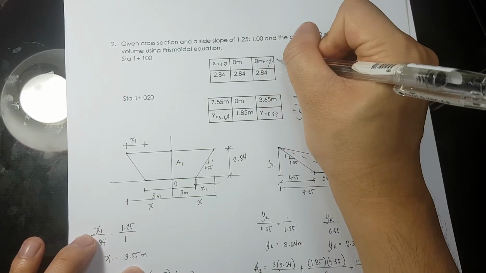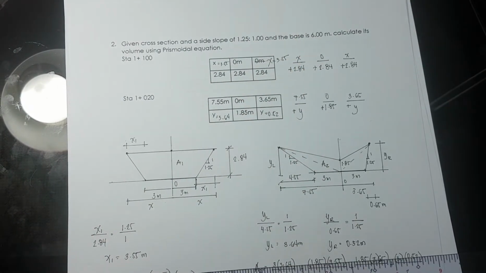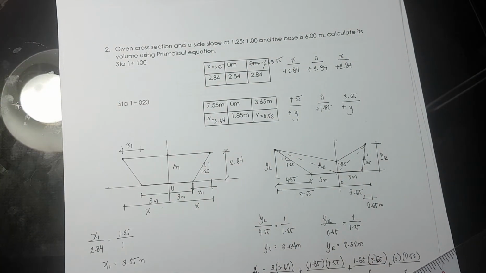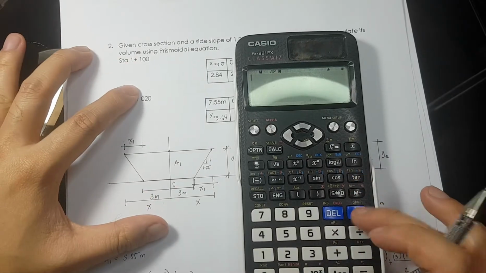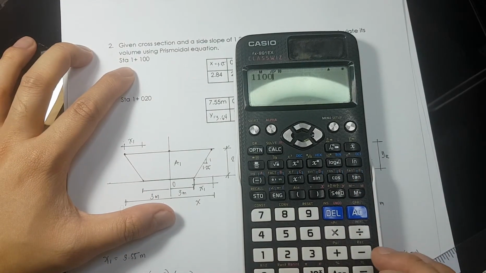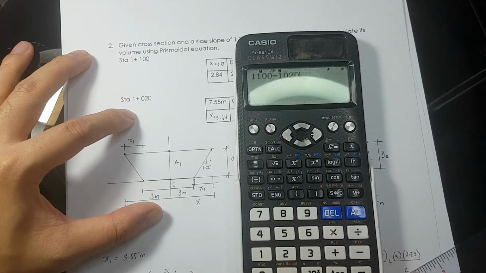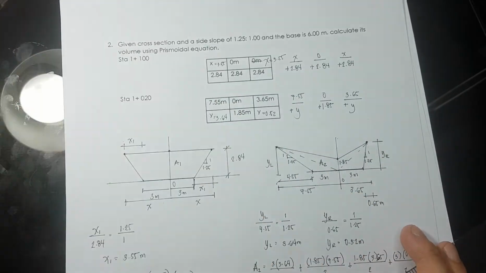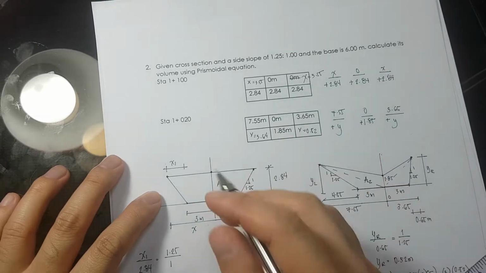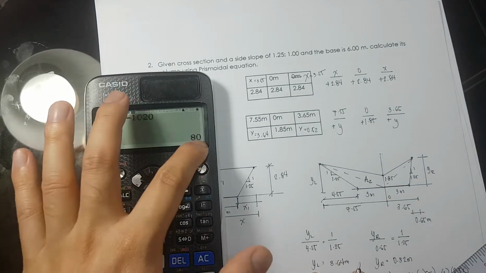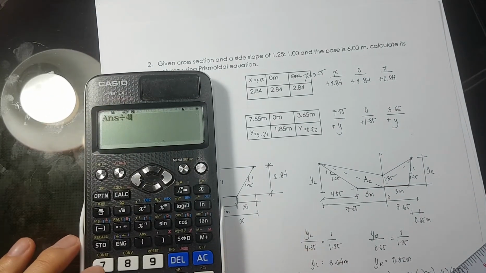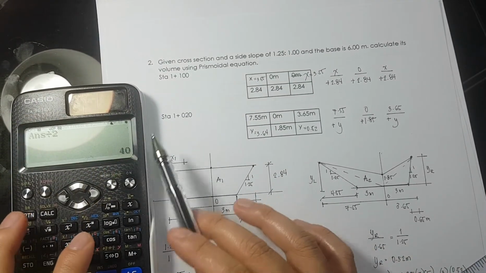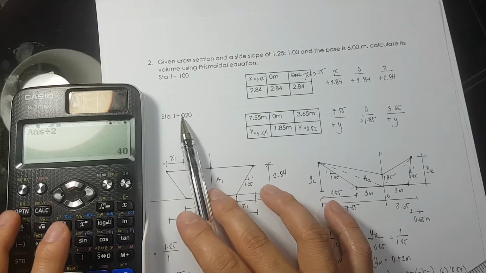Now, what is the station at the middle? So, ano ba yung gitna? Okay? So, 1,100 minus 1,020, that is 80. That is station at the middle. And the difference pala, that is 80. So, divided by 2, it is 40.